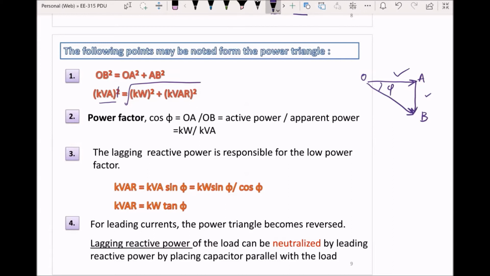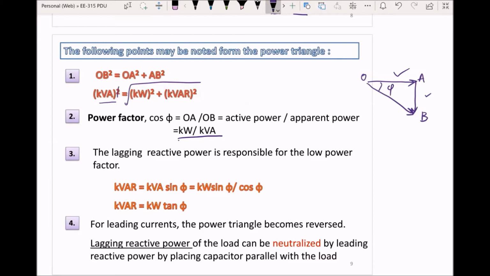The second point is that the power factor, cos phi, equals the active power divided by the apparent power.